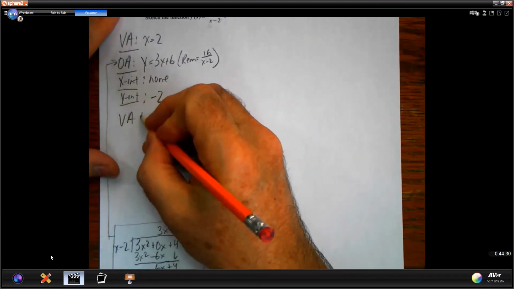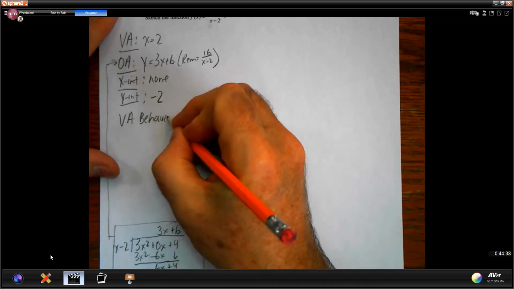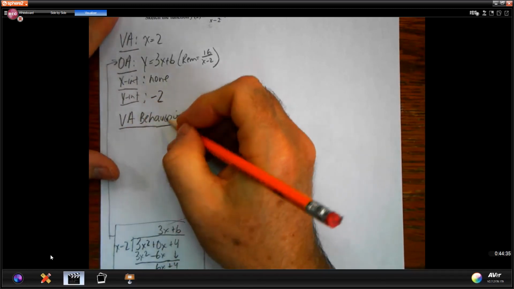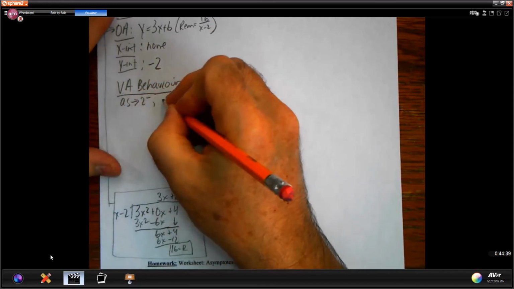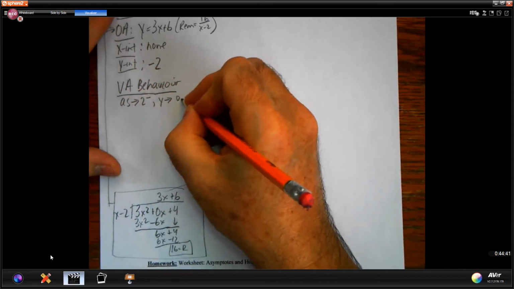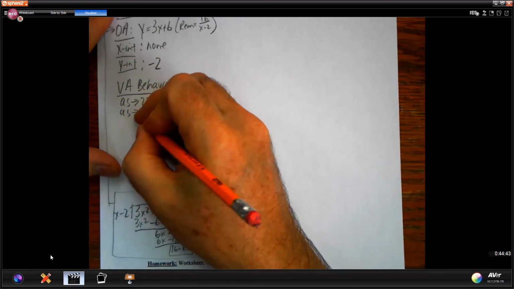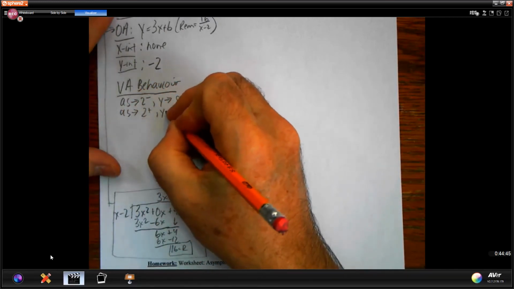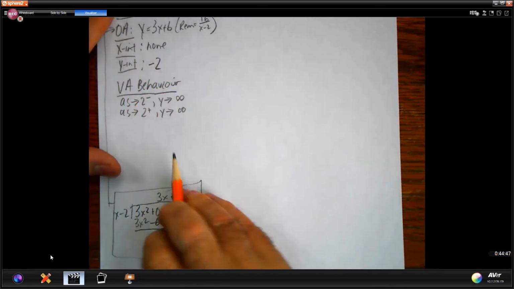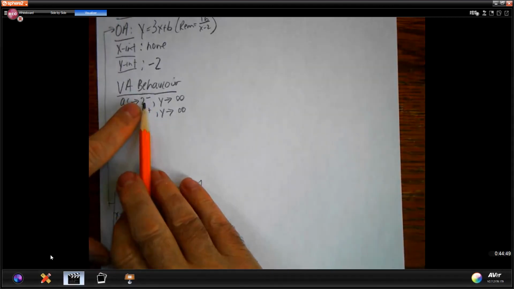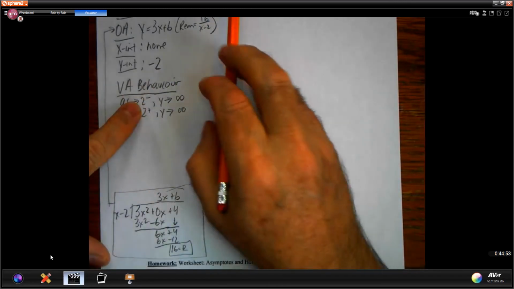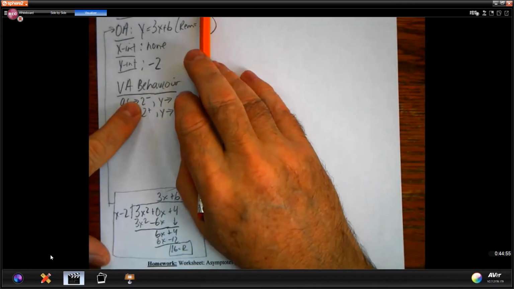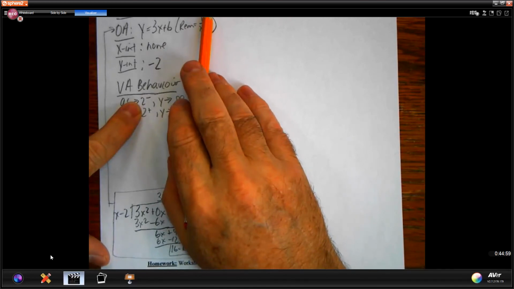Vertical asymptote behavior. As x approaches 2 from the negative side, y approaches some infinity. As x approaches 2 from the positive side, y approaches some infinity. If I plug in 2 from the negative side, it would be like 1.99. The top is always going to be positive. We've talked about that, so I don't really need to plug in anything. But the bottom would be negative.